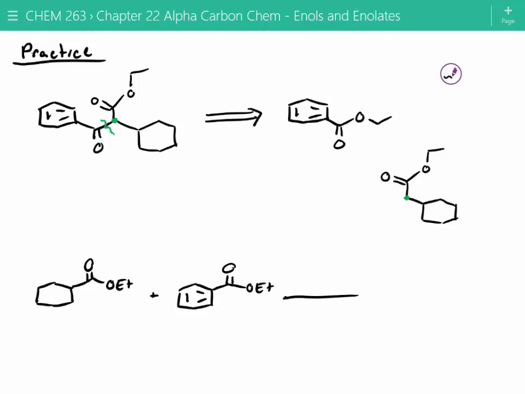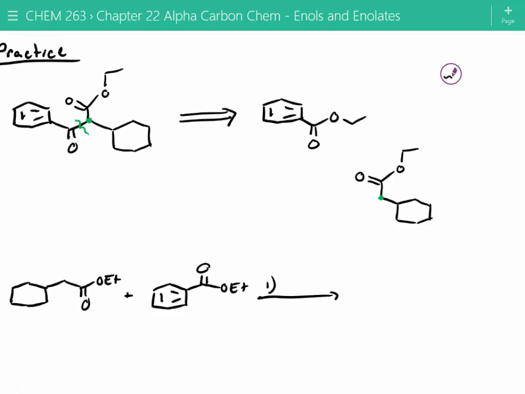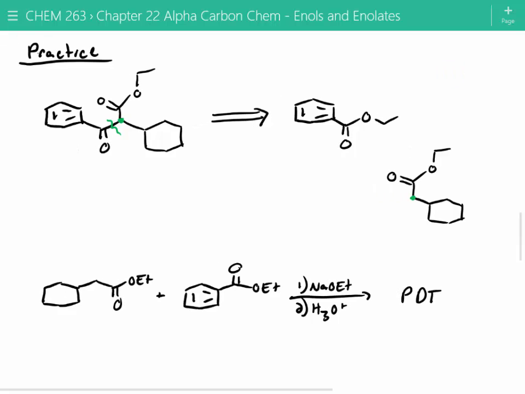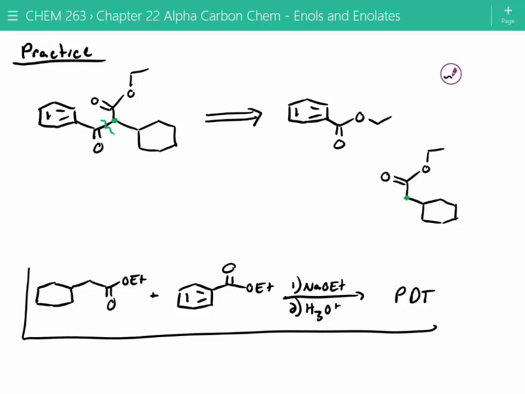I have to look that up. And then we treat this with sodium ethoxide, followed by acid, and that would give us our final product. So this would be our synthesis scheme.